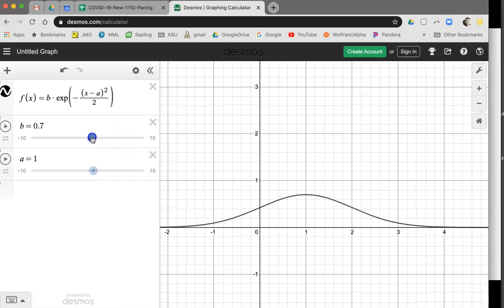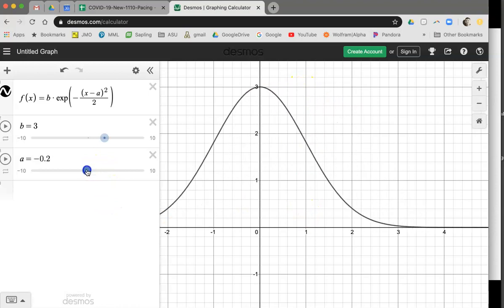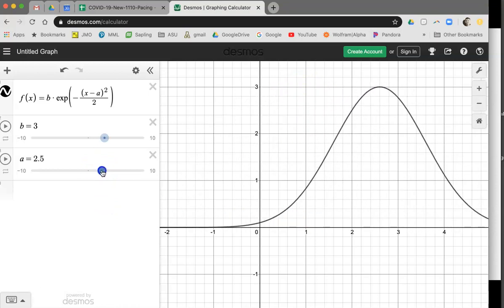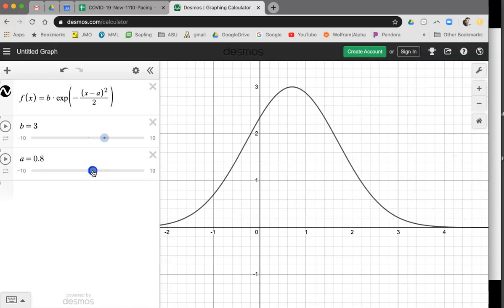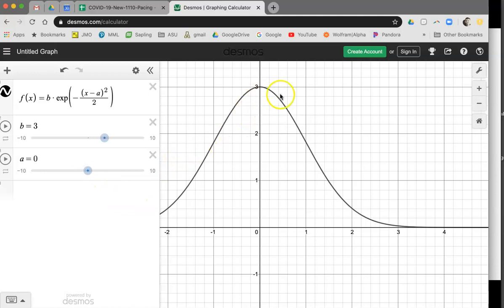So it looks like I need this function to get taller until it hits 3. But this maximum is occurring at (1, 3), so I need to change the a value, which makes the graph move left and right. Here, it looks like a is equal to 0 and b is equal to 3 will give me a function that has a maximum at (0, 3).